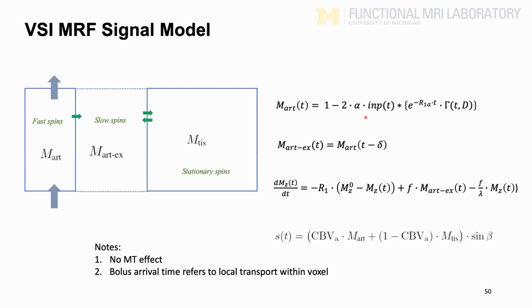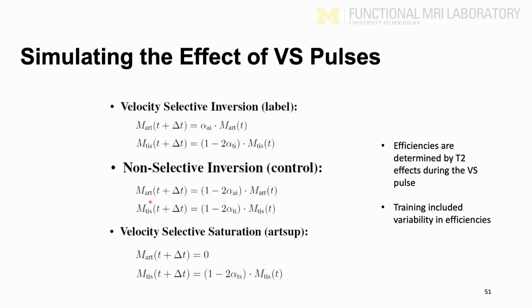I'm looking at the time, realizing that I'm running a little long, so I'm going to speed it up. This is essentially the same idea as before, with a similar model, but adapted to this. Only this time we had to adapt the labeling efficiencies to reflect what these FTVSI pulses are doing.